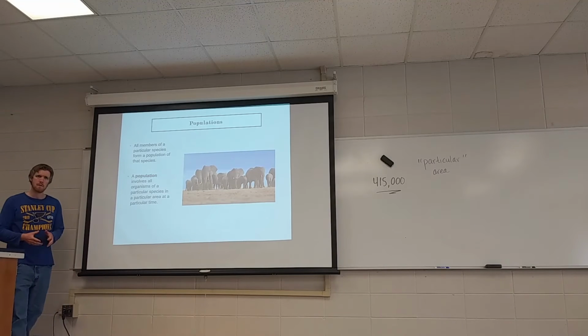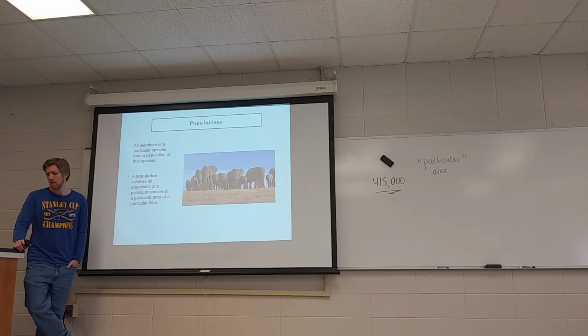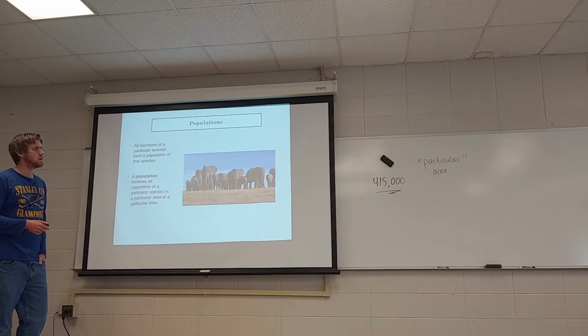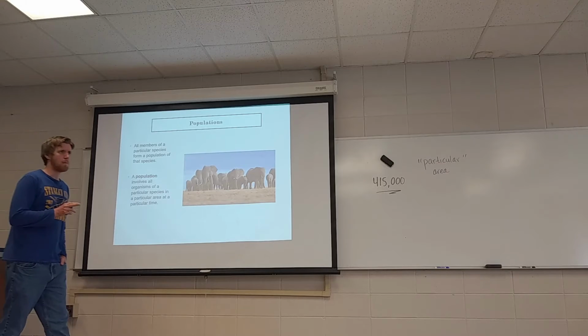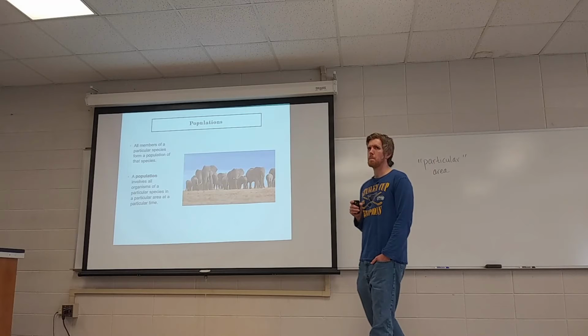And it is. It can mean whatever you want it to mean. For instance, with elephants in Africa, the total population is 415,000. The population on the Serengeti Plain is 8,000. Both of those are populations of African elephant, but you're looking at different areas.